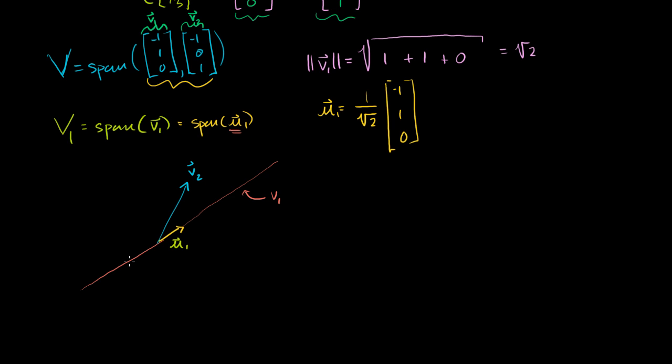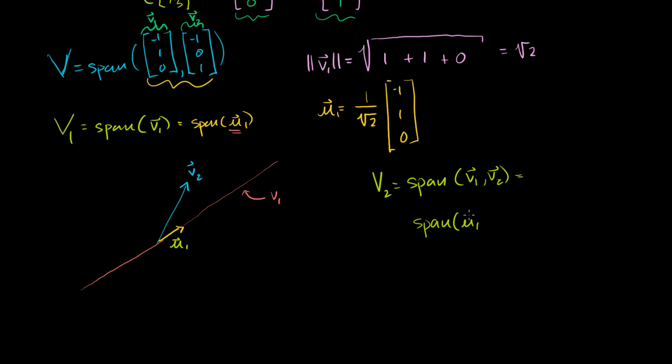And what we want to do is define a subspace v. Well, I'll call it v2 for now, but v2 is equal to the span of v1 and v2, which is the same thing as the span of u1 and v2, since anything that's spanned by v1 is also spanned by u1.